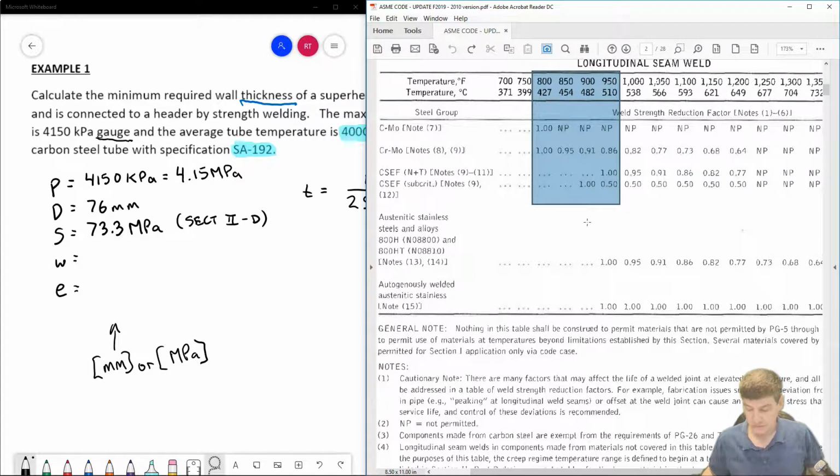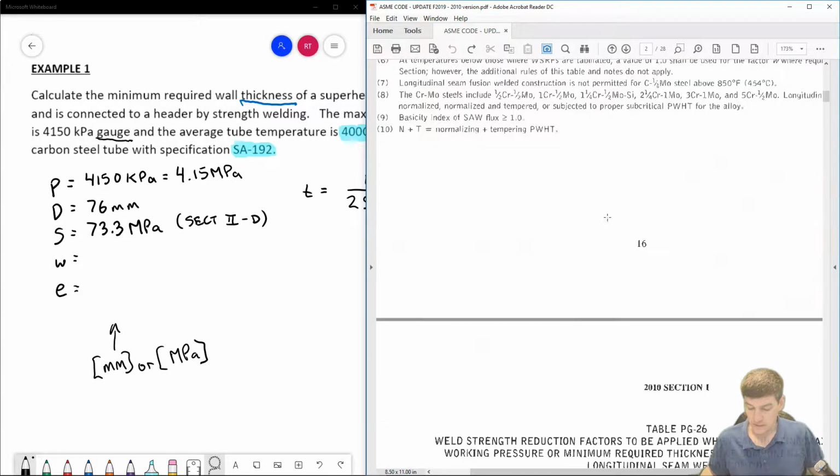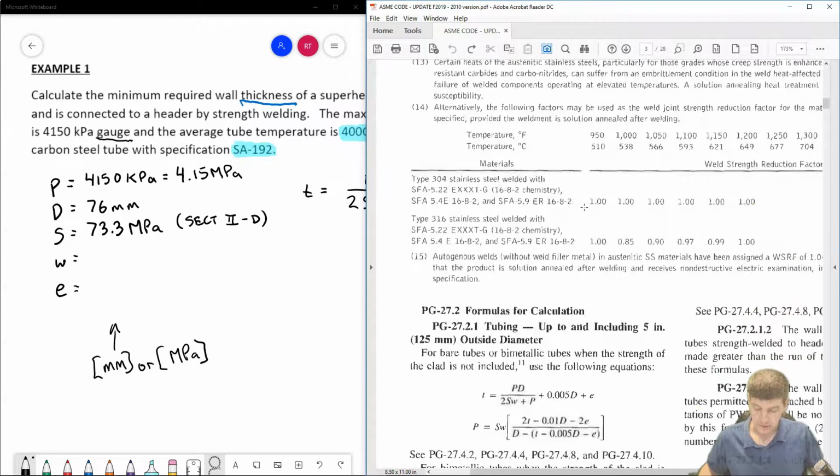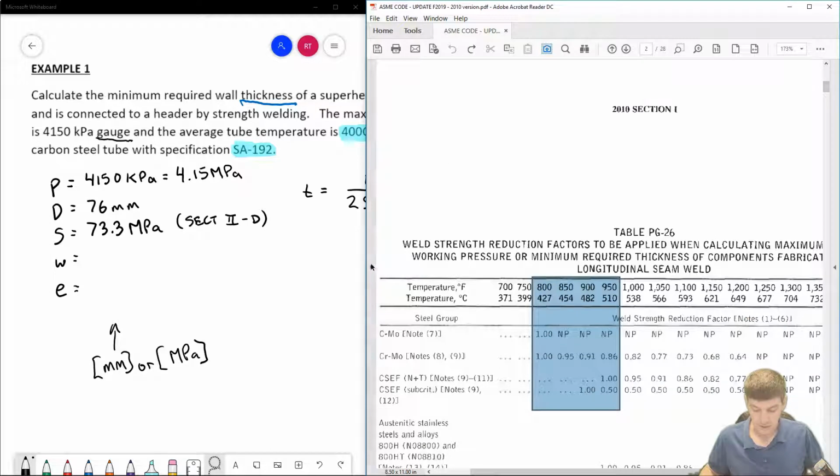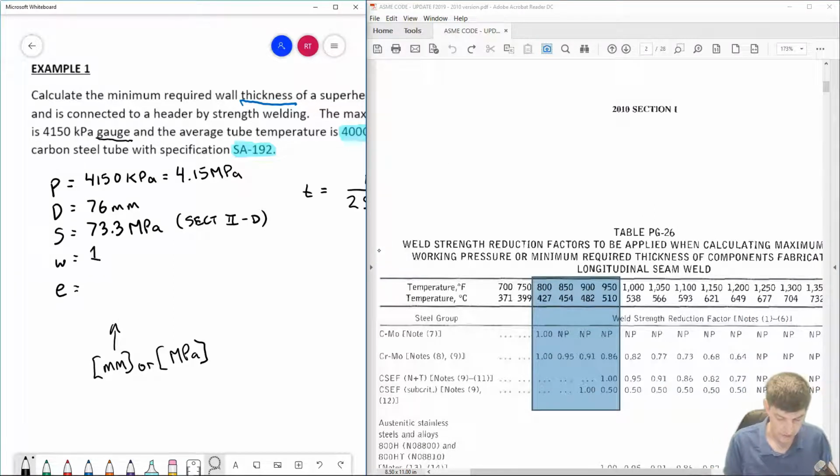So this material, even if it was a susceptible material, wouldn't even be at a high enough temperature to warrant any change. So in this case, W is going to be 1, and I guess that would be from table PG 26.